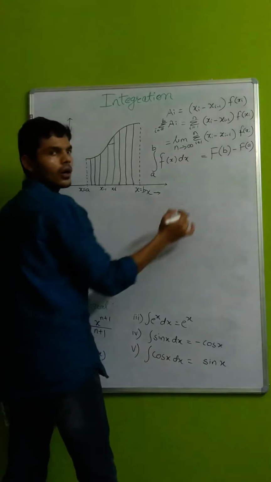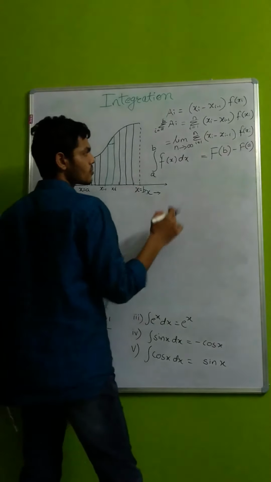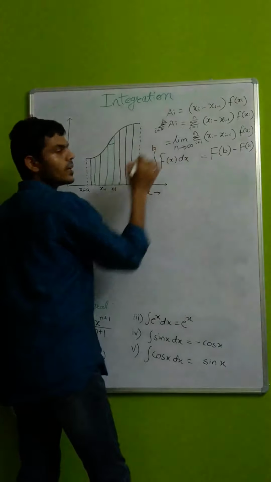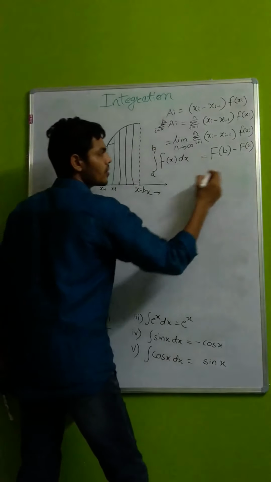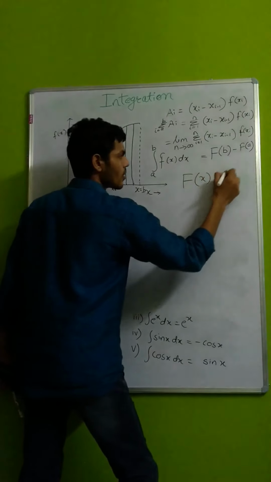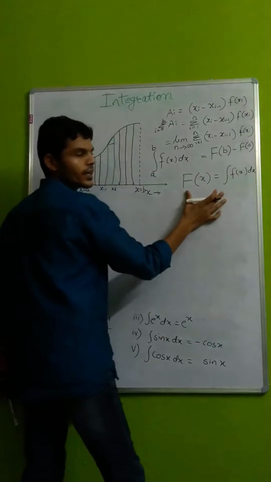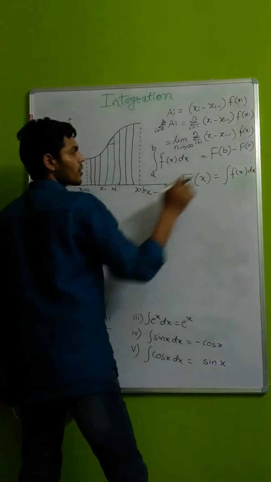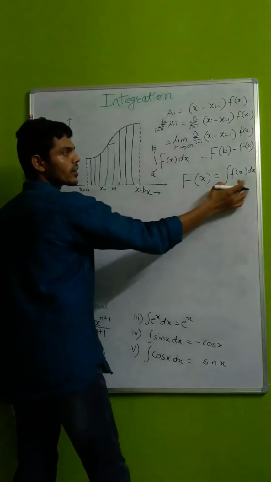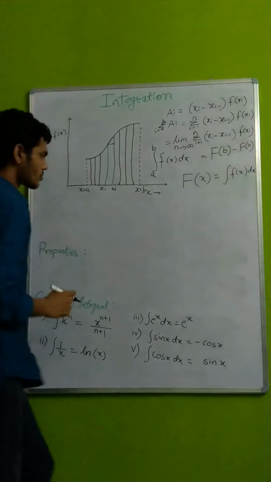We will see how F of x can be derived or how F of x is found out. This is called as definite integral because we have put limit here, and if we consider F of x equal to integration of small f of x dx, this is indefinite integral because there is no limit put here. In general, we call this as indefinite integral.